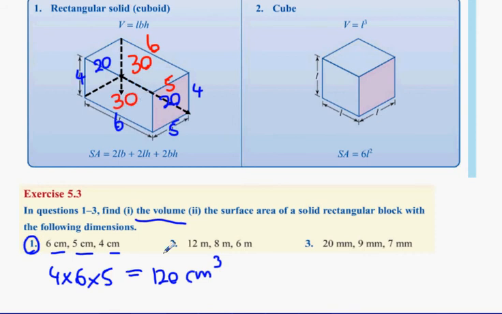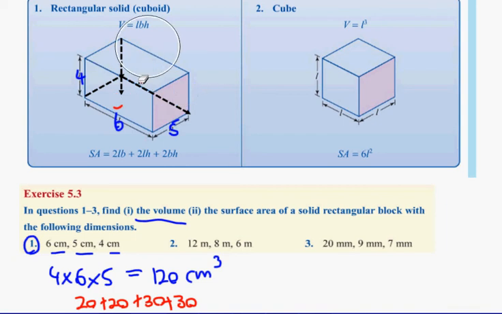Everybody right there? So it'll be 20 plus 20, 30 plus 30, and then finally, what about the side I didn't do? I didn't do this side here. 1 second. It's 6 by 4, was it? So 6 times 4, that's 24 for this side here.